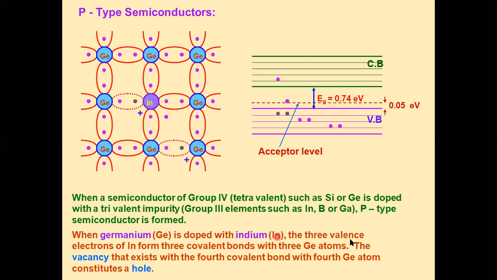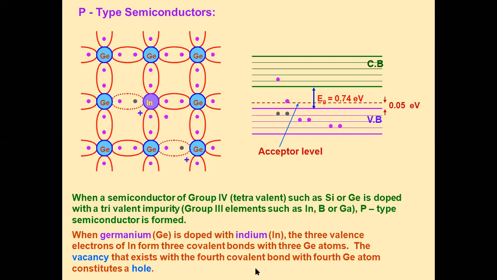In the outermost shell of this indium, there are 3 electrons. So these 3 electrons form covalent bonds with electrons of the germanium atoms.